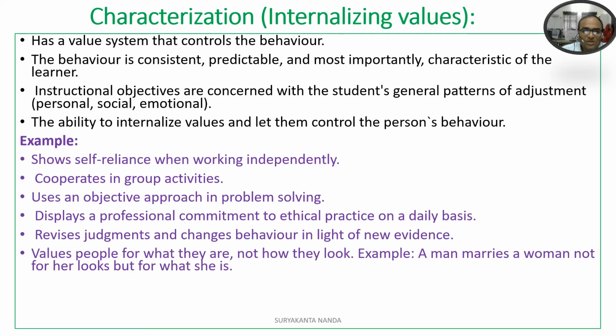Examples: shows self-reliance when working independently, cooperates in group activities, uses an objective approach in problem solving, displays a professional commitment to ethical practice on a daily basis, revises judgments and changes behavior in light of new evidence, values people for what they are, not how they look. For example, a man marries a woman not for her looks but for what she is.